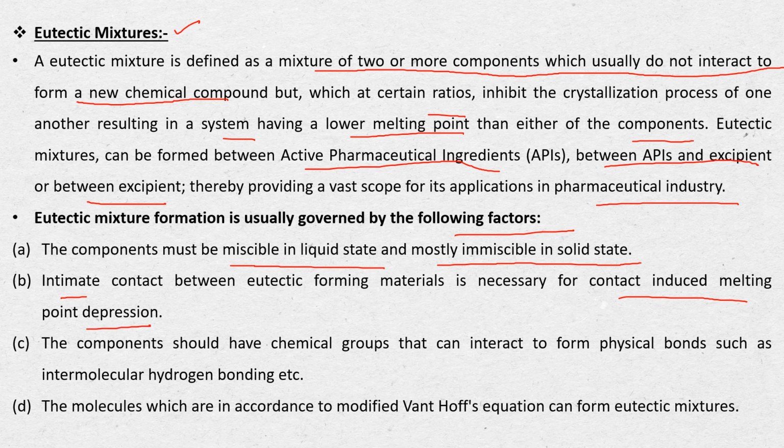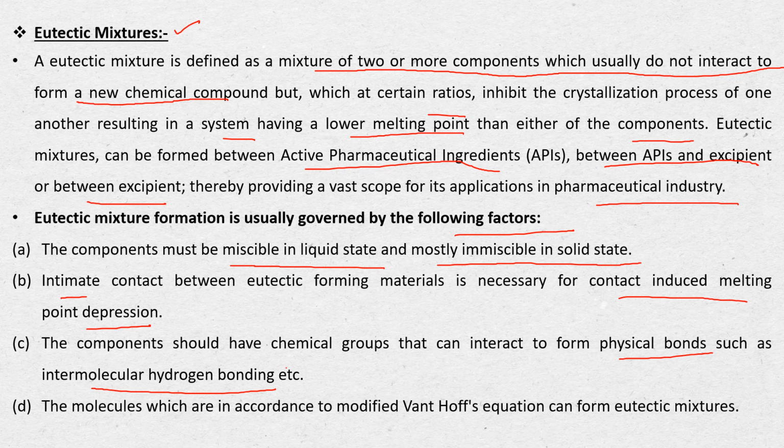Okay. Next is the components should have chemical groups that can interact to form physical bonds such as intermolecular hydrogen bonding, etc. This is just an example. Next is the molecules which are in accordance with the modified van der Waals equation can form eutectic mixtures.